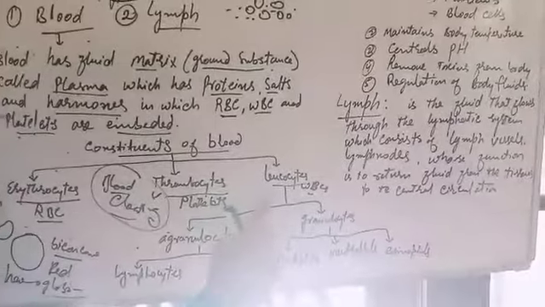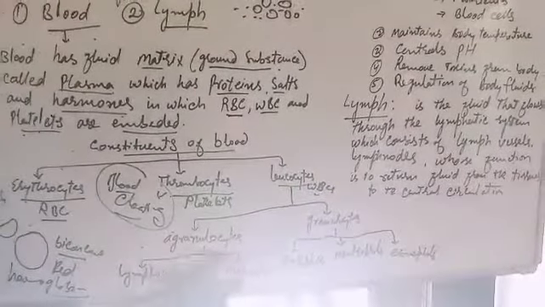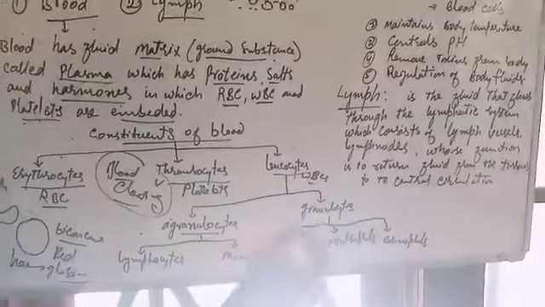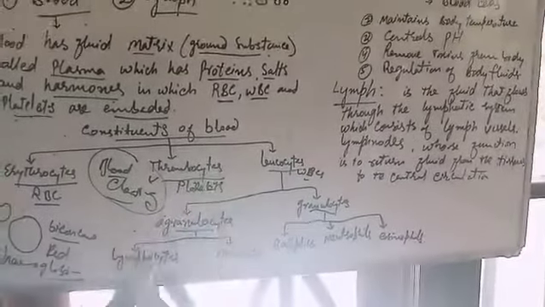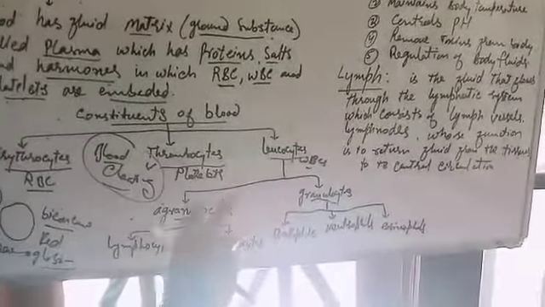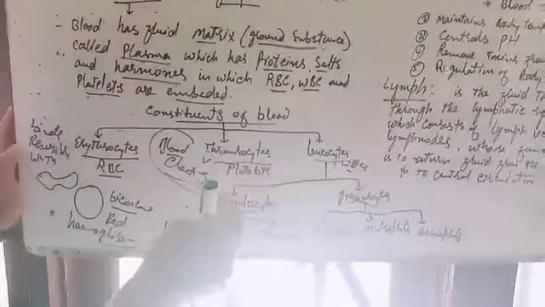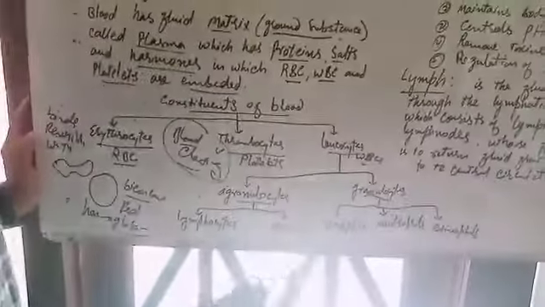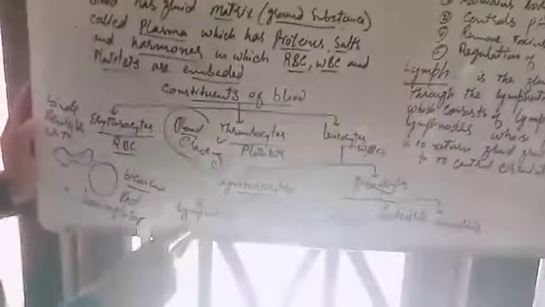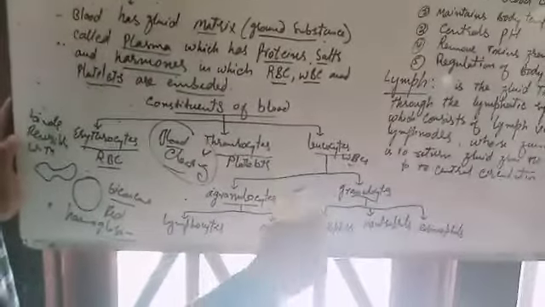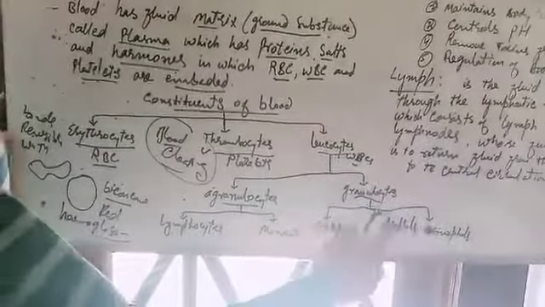Next is leukocytes. Leukocytes are WBCs, or white blood cells. White blood cells are of two types: agranulocytes and granulocytes. Agranulocytes means without granules in the cytoplasm, and granulocytes means cells which have granules in the cytoplasm. Agranulocytes are lymphocytes and monocytes, and granulocytes are basophils, neutrophils, and eosinophils.